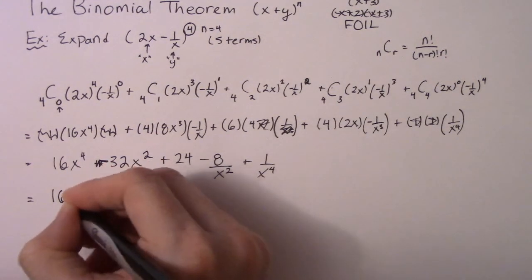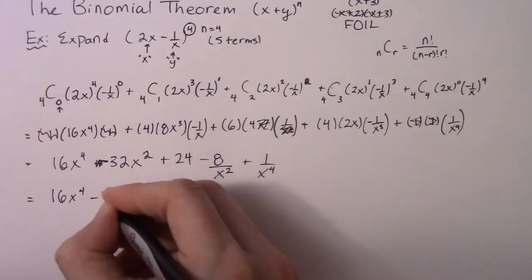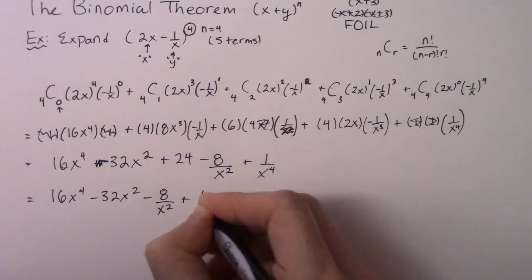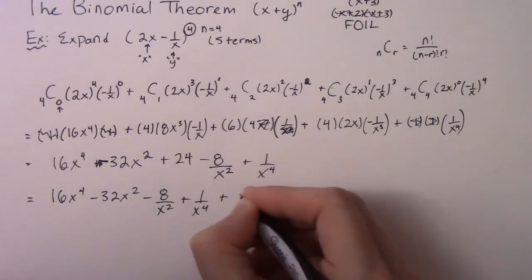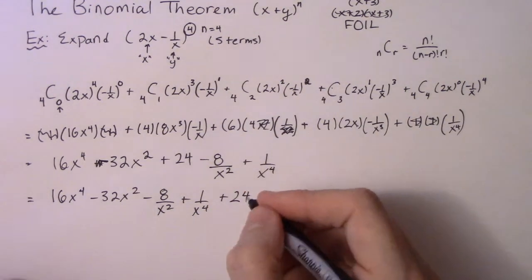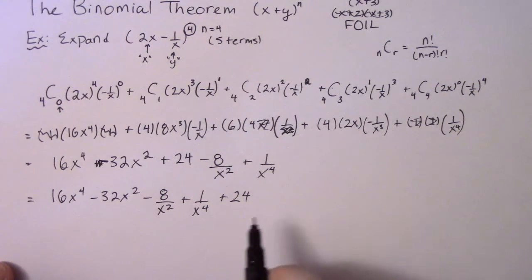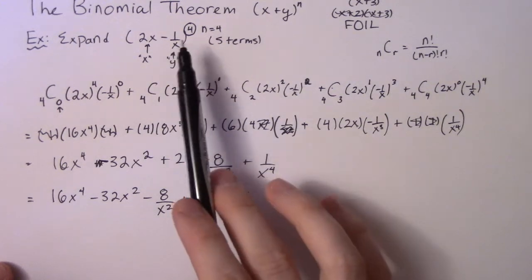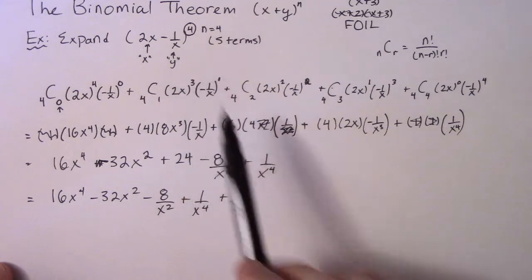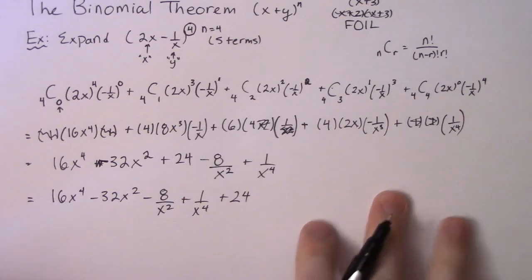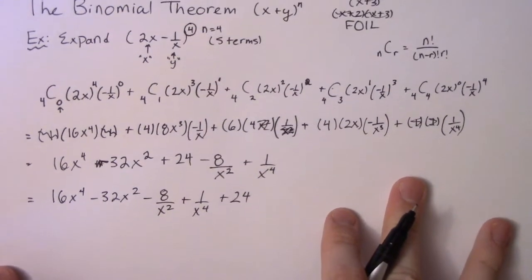So 16x to the 4 minus 32x squared minus 8 over x squared plus 1 over x to the 4 plus 24. Alright, there it is. Really easy to make a mistake with this guy, so I hope I didn't. Take that binomial to the power 4.